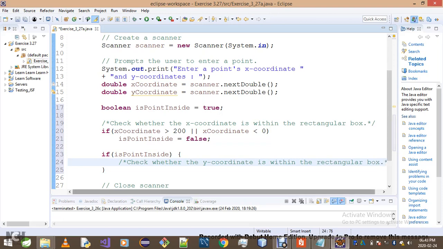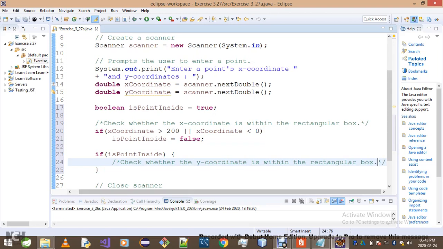Again, what I've written so far doesn't necessarily check if my point is within that right angle triangle. It checks if it is within the rectangular box. I hope everyone is clear there.